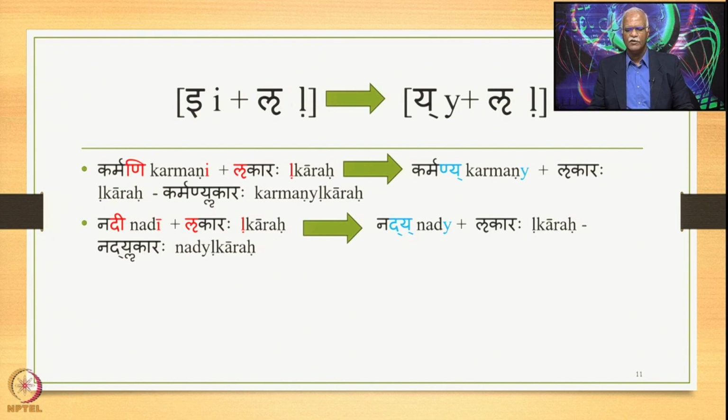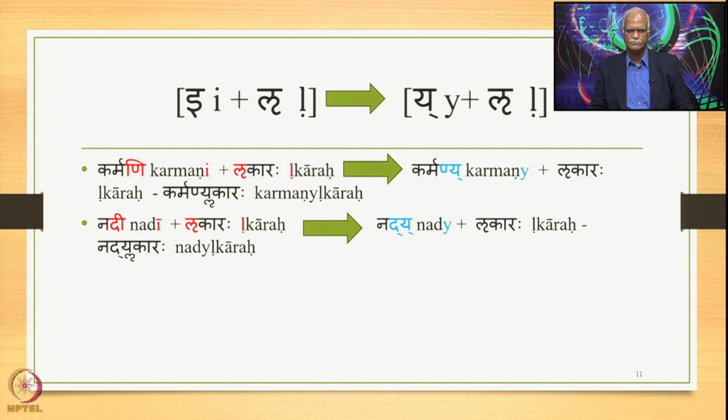And there aren't many words beginning with Lu, so we have formulated an artificial word Lukara, which indicates the sound Lu, and Karmani Lukaraha, and we will get the application of 6177 and the output will be generated in the form of Karmanya Lukaraha.